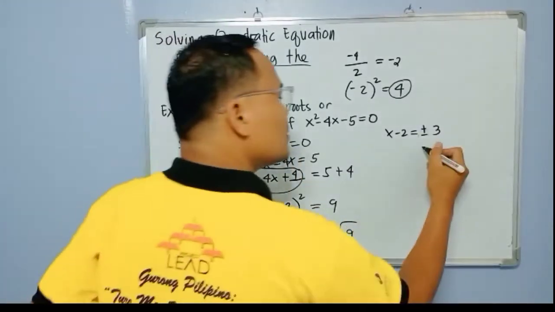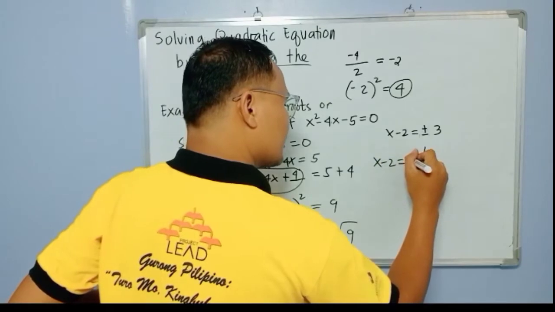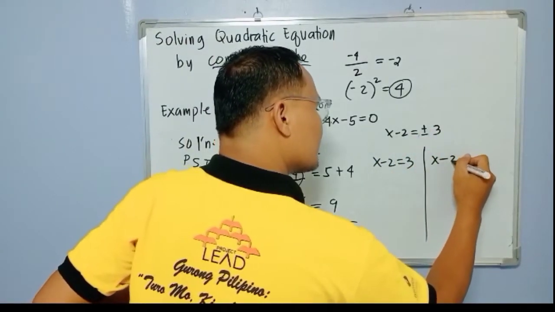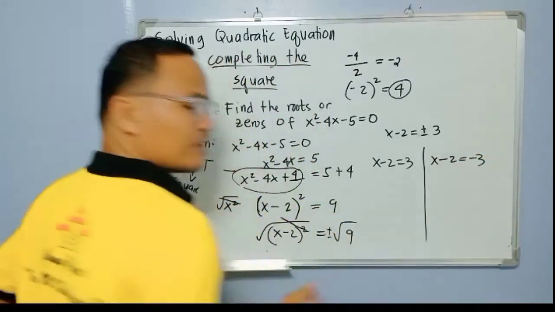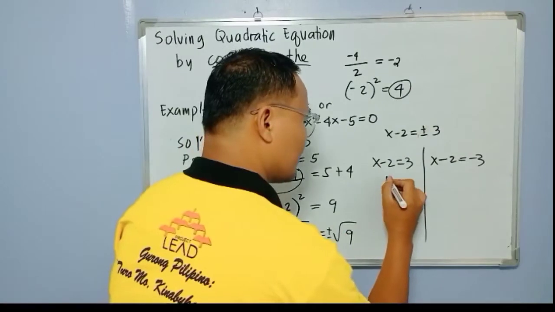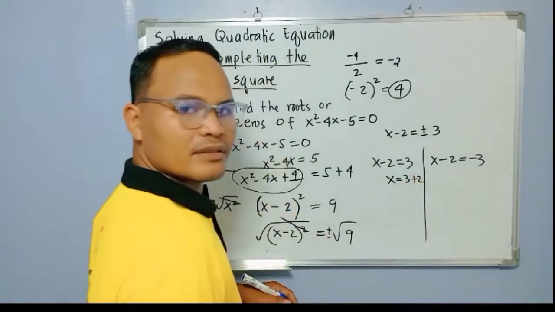So we have two values of x here. x minus 2 equals the positive 3. Then x minus 2 equals the negative 3. Solve for x by transposing negative 2 to the right side. So x here equals 3 plus 2.